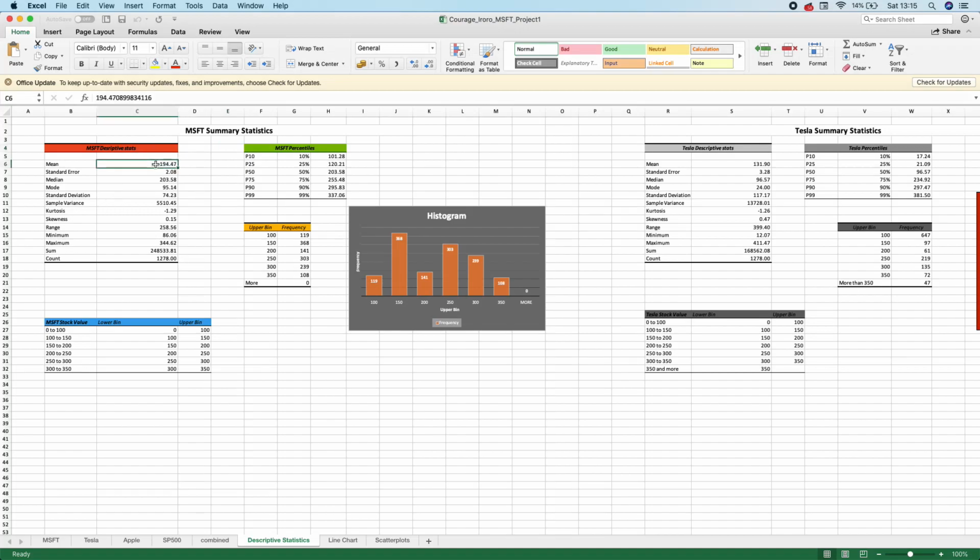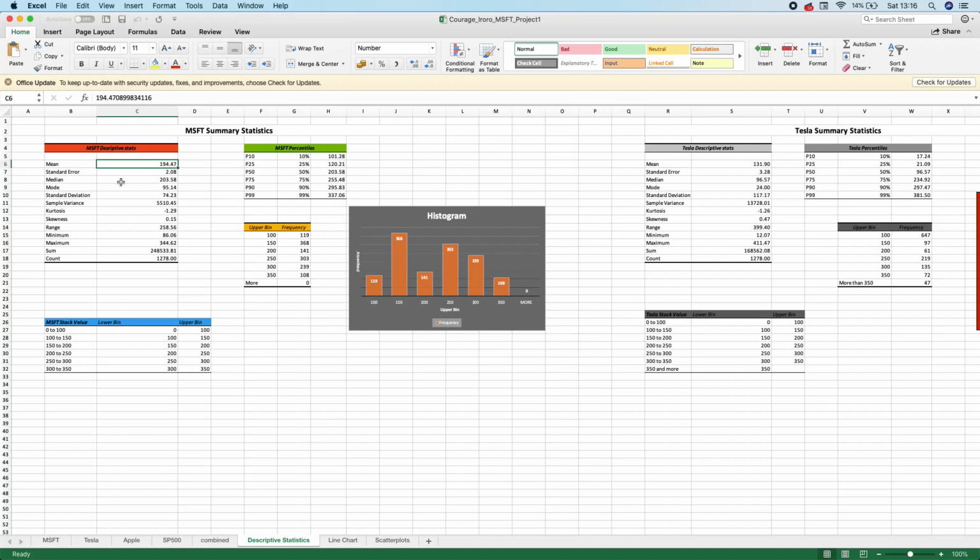From the values already, you can see instantly that Microsoft seems to have very high stock values. You can see the mean already, which is 194, which is already showing a high indication of how high the values are across all data points.